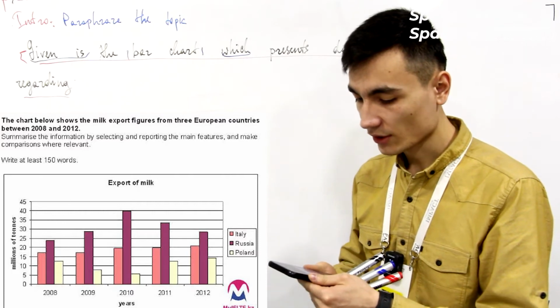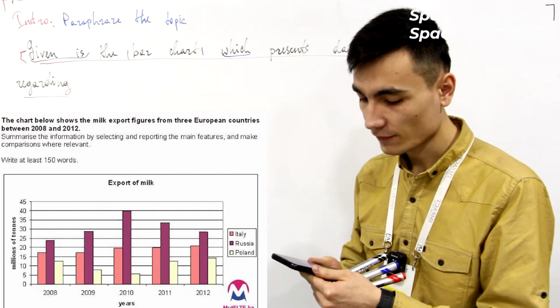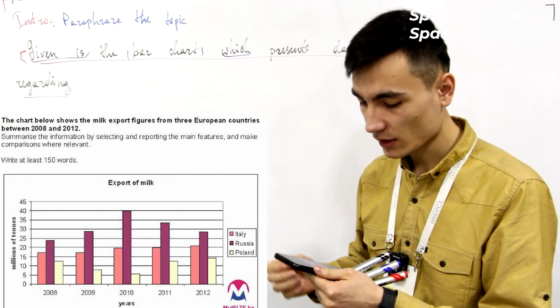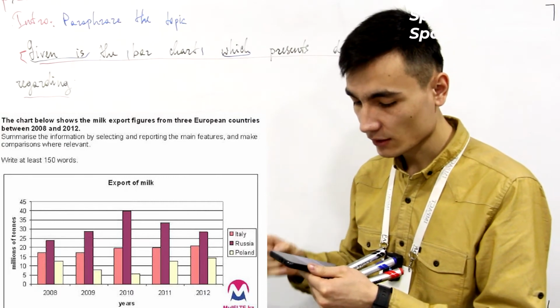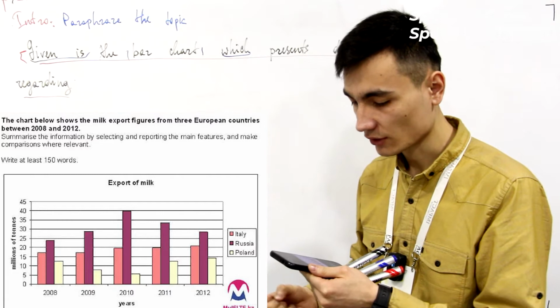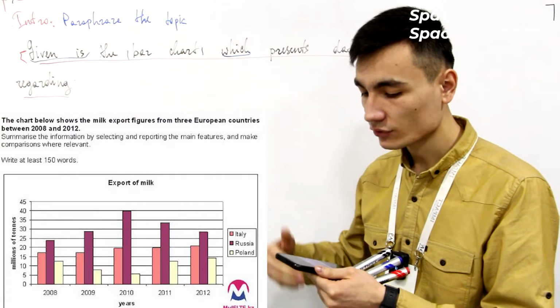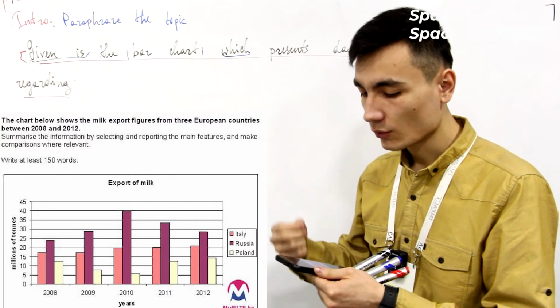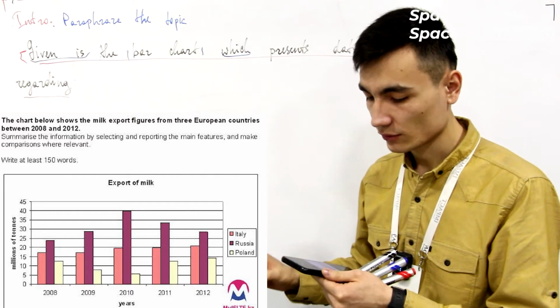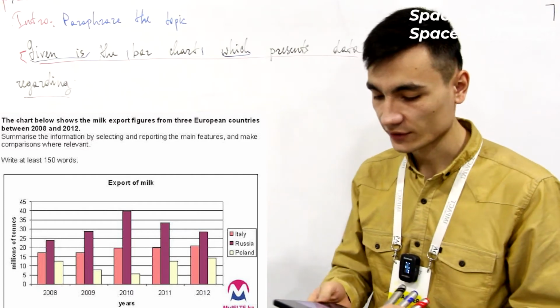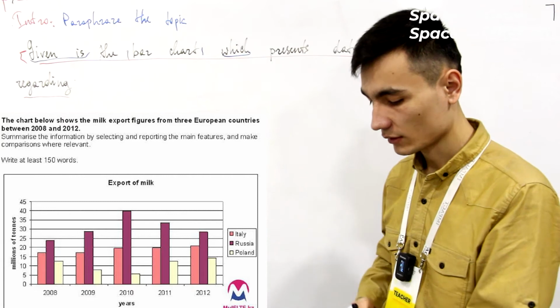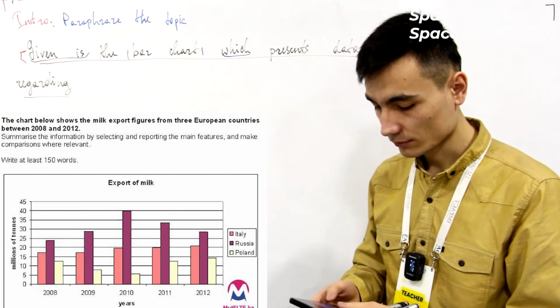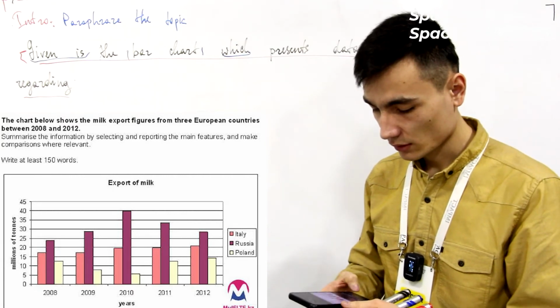So how do we describe it here? Milk export figures. It's an export of milk, 2008-2012, and millions of tons. So we can say the amount of milk which was exported. So it will be a correct way of saying it. So I will just write, how do I come up with this thing?